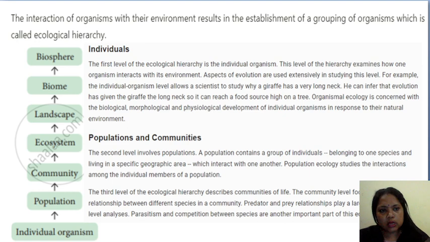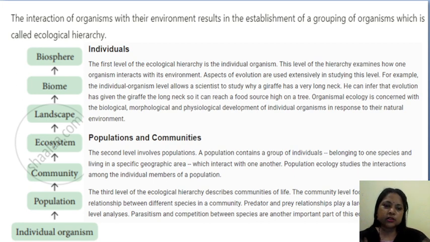So if the question comes, what do you mean by ecological hierarchy? Ecological hierarchy means the interaction of organisms with their environment results in the establishment of a grouping of organisms. So ecological hierarchy represents the grouping of organisms formed by the interaction of organisms.